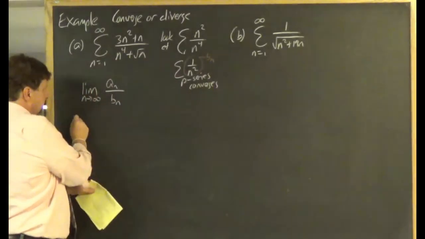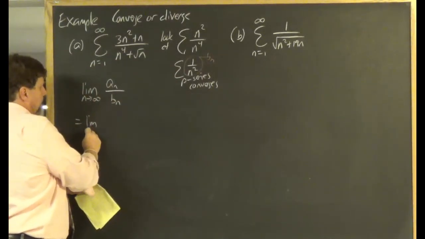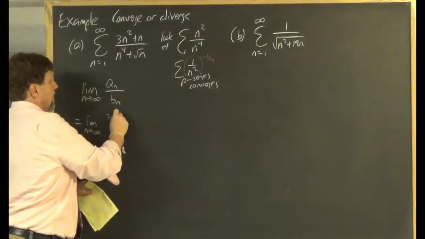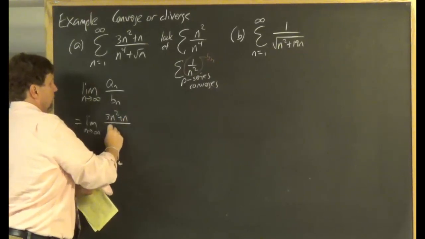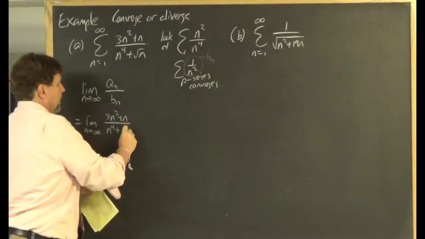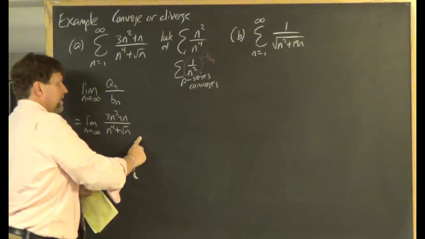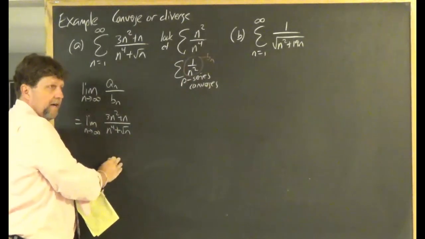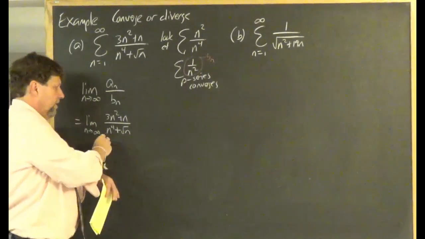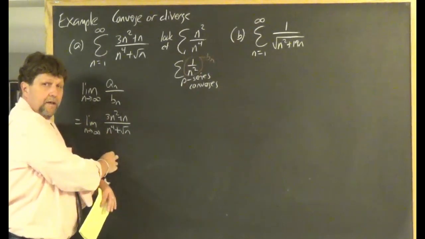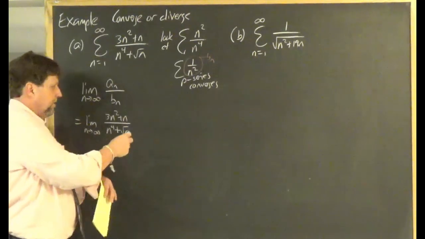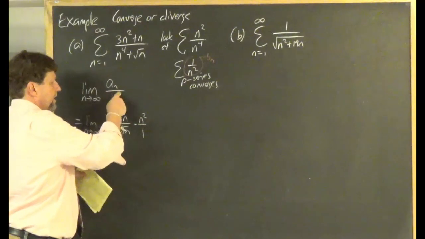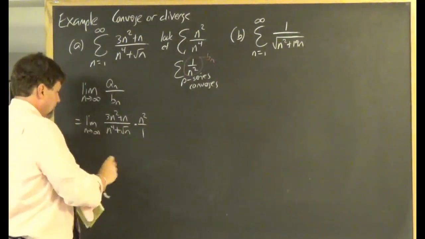So we have to find a limit as n goes to infinity. a sub n is this mess: 3n squared plus n over n to the fourth plus square root n, divided by b sub n, so divided by 1 over n squared. Rather than dividing by 1 over n squared, why don't I multiply by the reciprocal, to save a step.